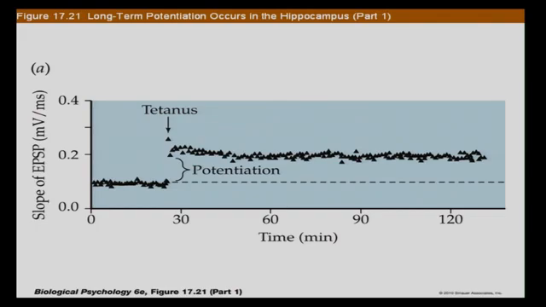Why? Because this high-frequency tetanus stimulation is stimulating a lot of presynaptic terminals at the same time that is likely activating lots of postsynaptic terminals. That brief presynaptic, postsynaptic co-activation then results in this higher stimulus response.